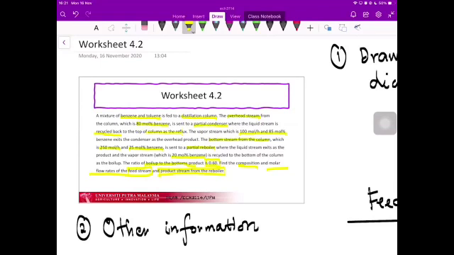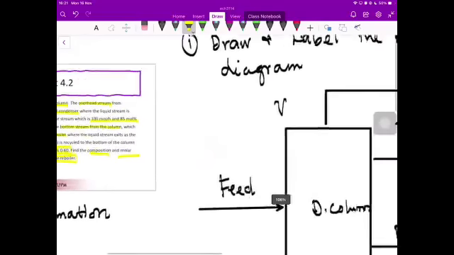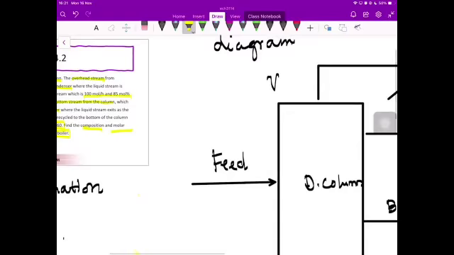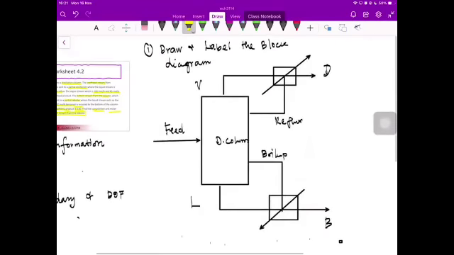Next is to draw the block diagram of the system. I had prepared a block diagram here. This is a distillation column, and we have the feed stream, we have the vapor stream, and we have the distillate where the product is collected. The reflux is where the recycled stream is going back to the column.